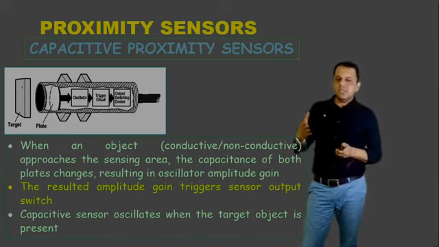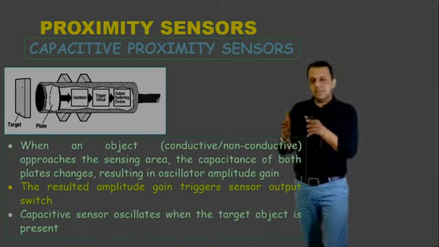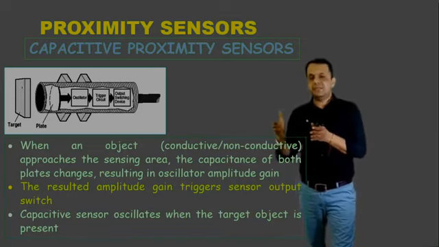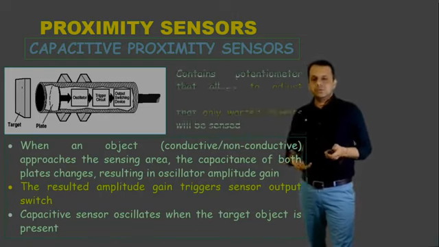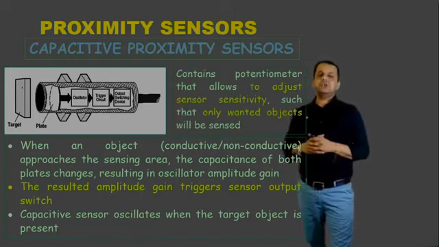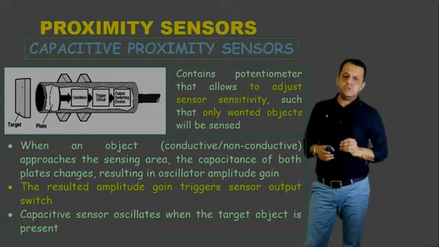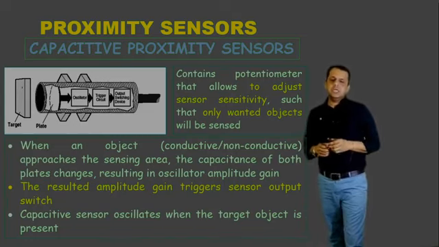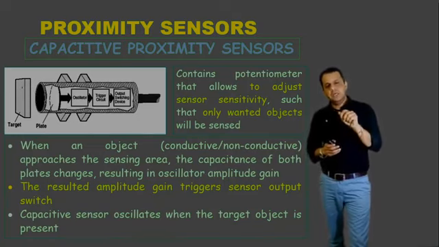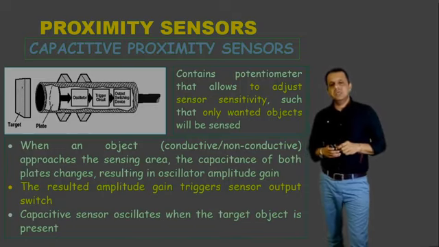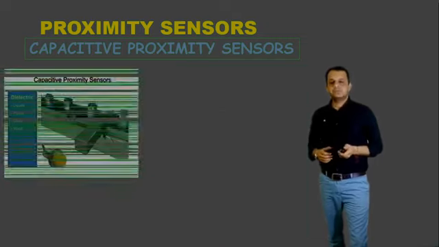Whenever the capacitive face is nearby the target, in that case only the capacitive sensor will oscillate and give output. It also contains a potentiometer for setting the sensor sensitivity. You must have worked with sensors during your small mini project where a small potentiometer was there, and you change the sensitivity by varying the amount of resistance provided to the current path.